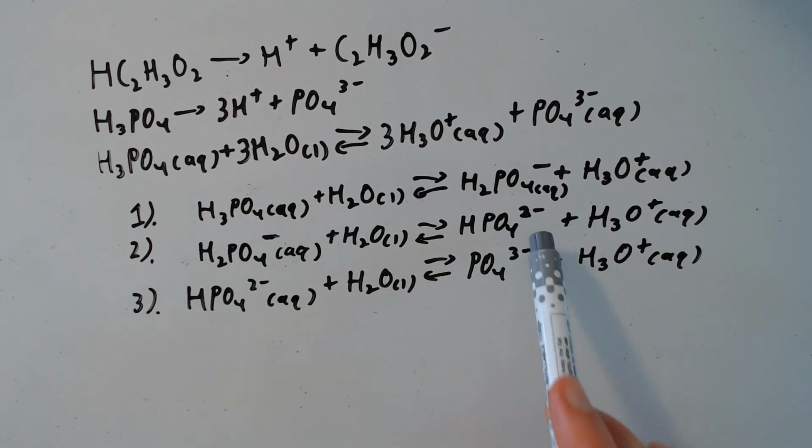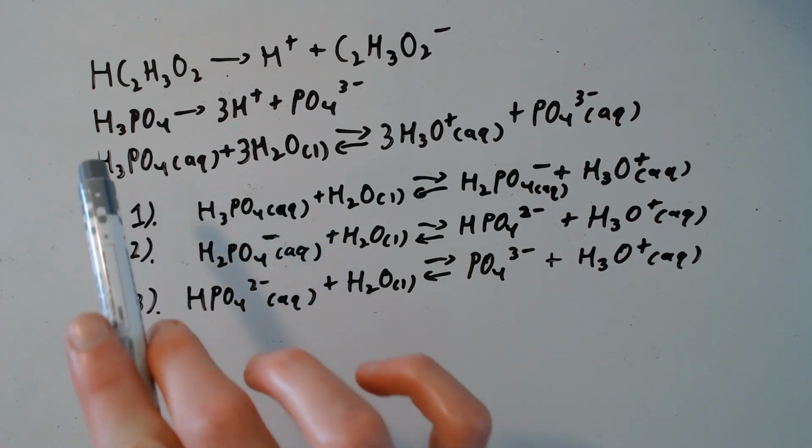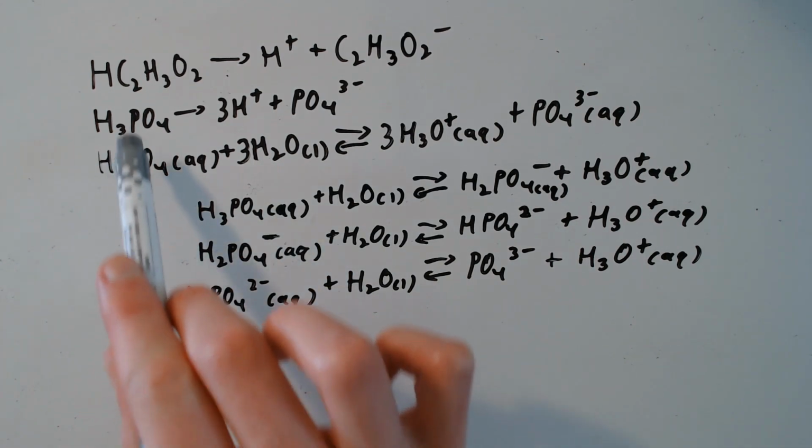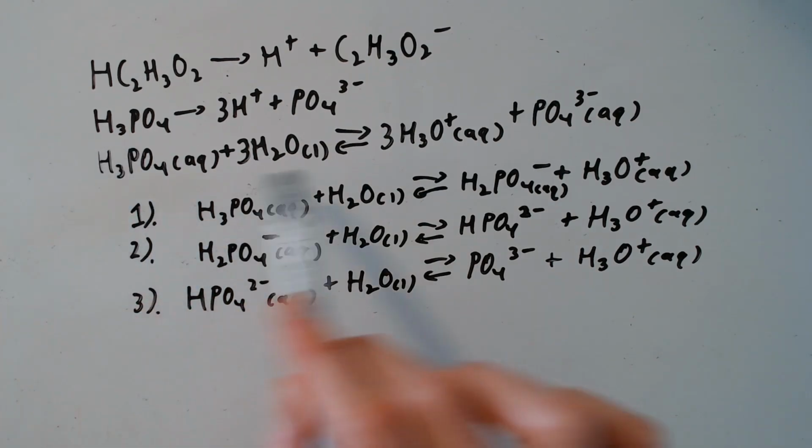And then this HPO4 2- can lose another H to the H2O and this forms another H3O+, and this HPO4 2- transforms into PO4 3- with all of the hydrogens completely removed.